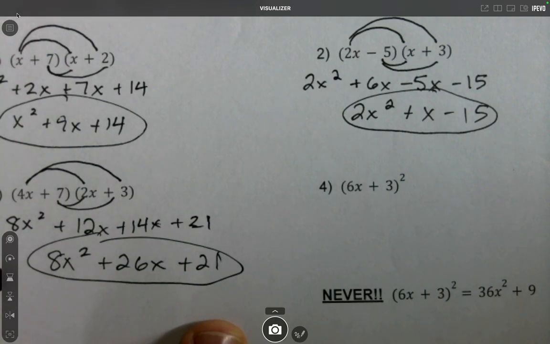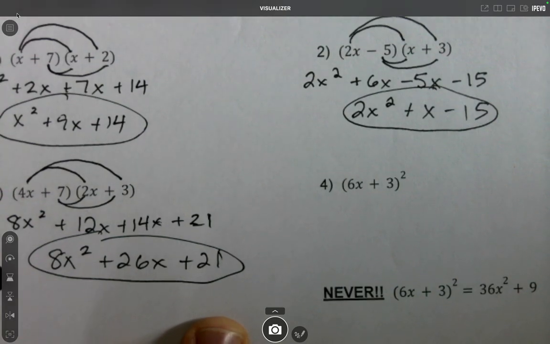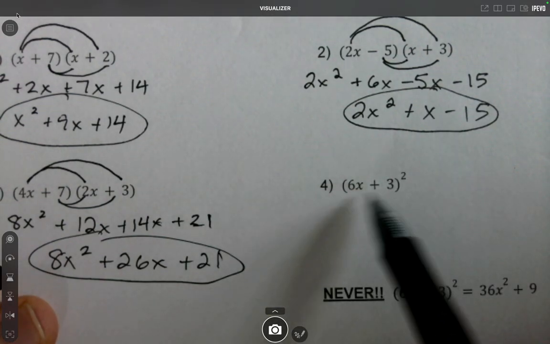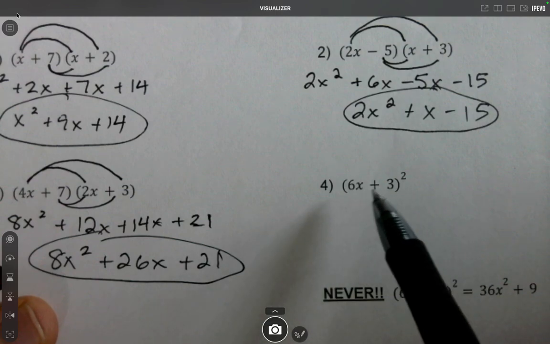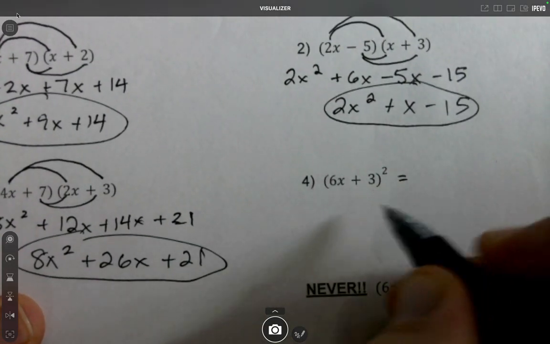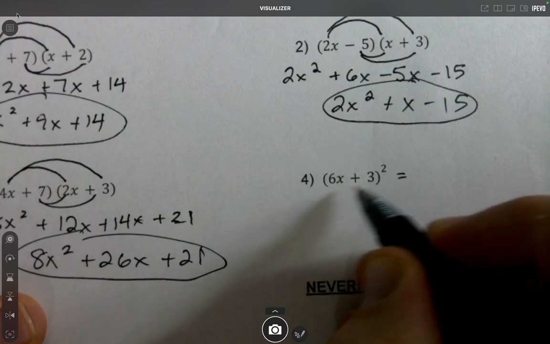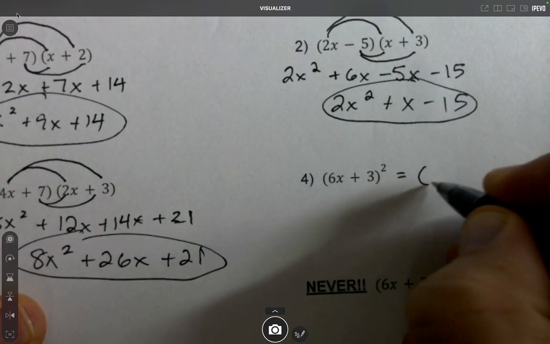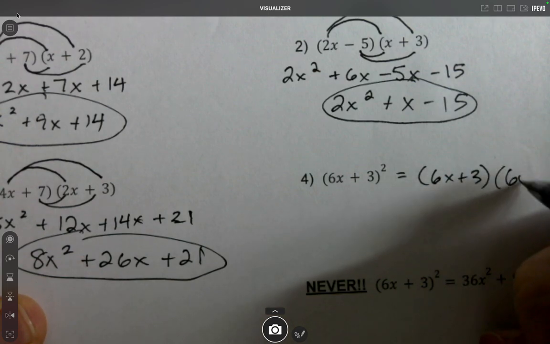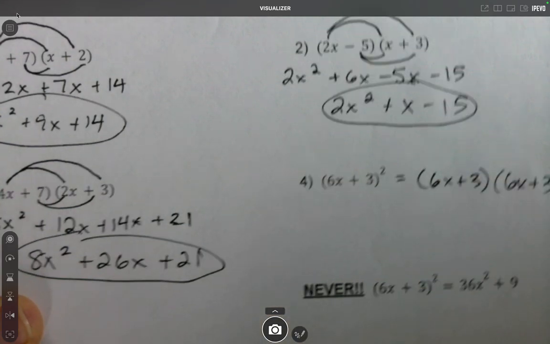We just see the way things are written and learn the routine, but we forget what it really means. So I would not leave this written this way. It's not that this is incorrect, but to simplify this, it's easier to remember that squared means you multiply the thing by itself. So this is the same as saying 6x plus 3 times 6x plus 3.